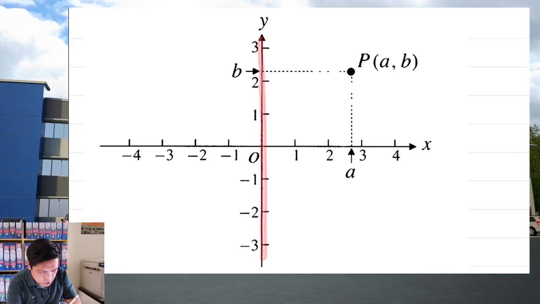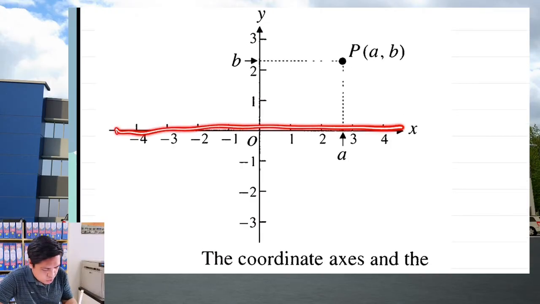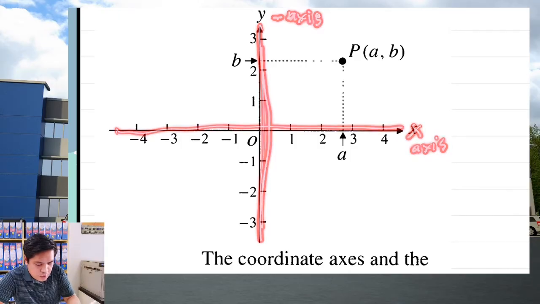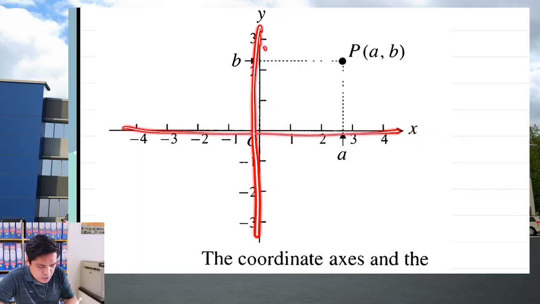So this is the vertical axis. The horizontal axis is called the x-axis, while the vertical axis is called the y-axis. The intersection between these two axes is called the origin, usually denoted as point O.